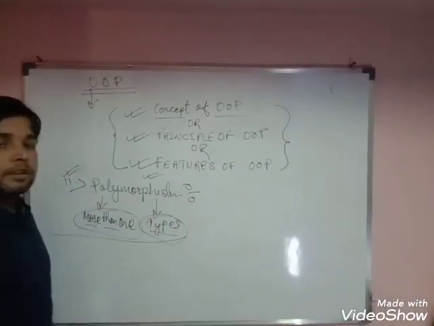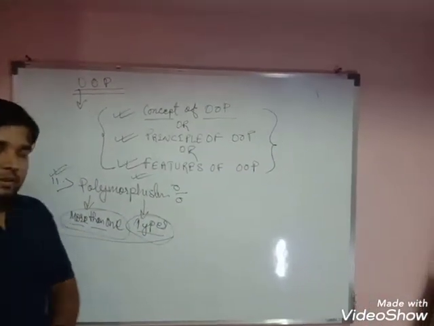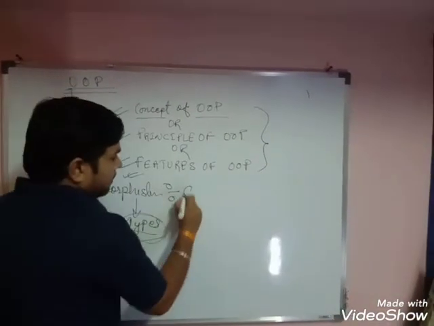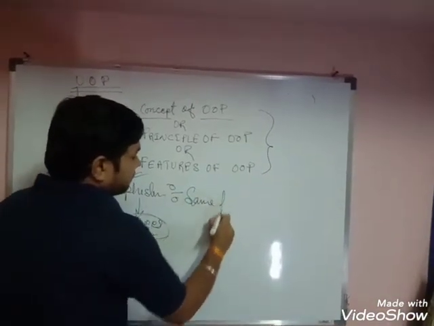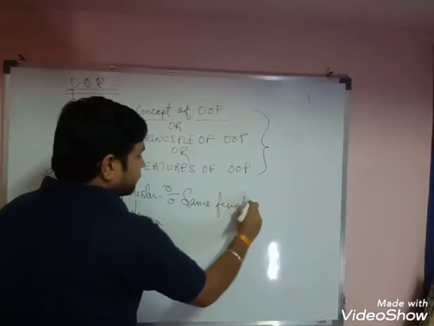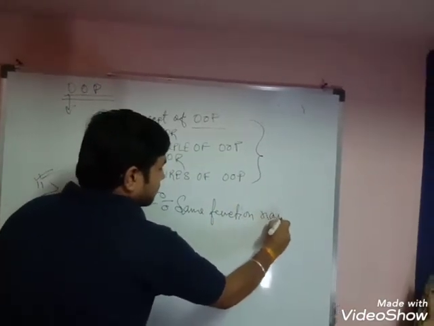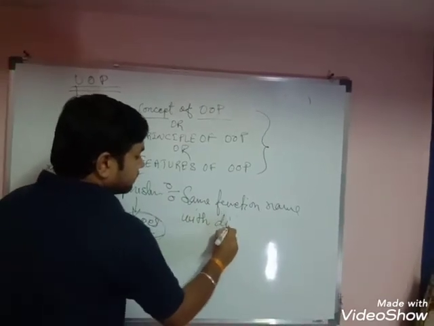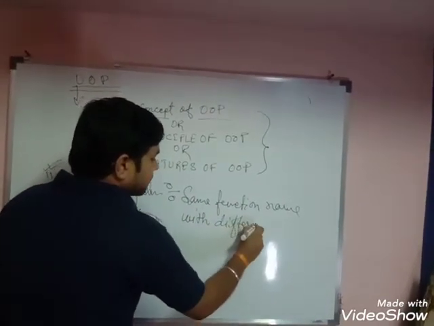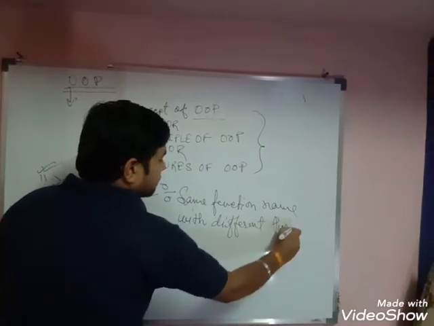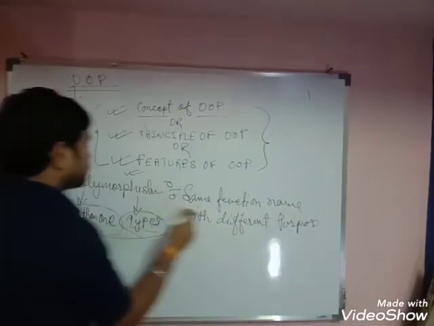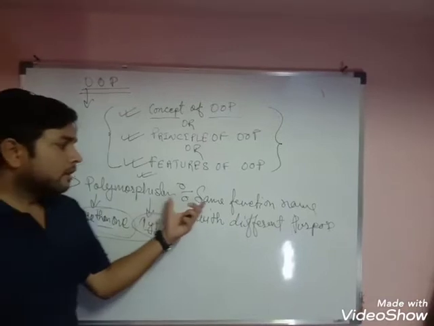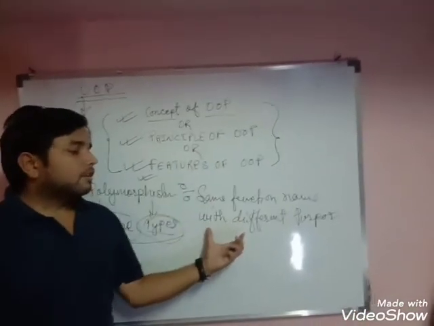Polymorphism means using the same function name for different purposes. So the definition of polymorphism is the same function name with different purposes.